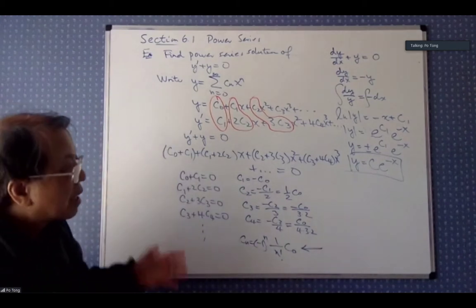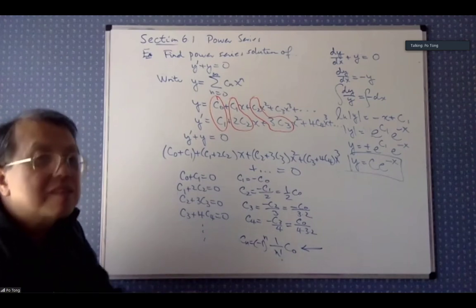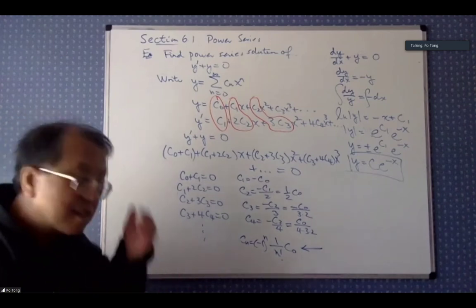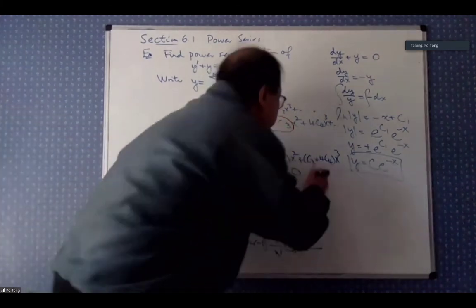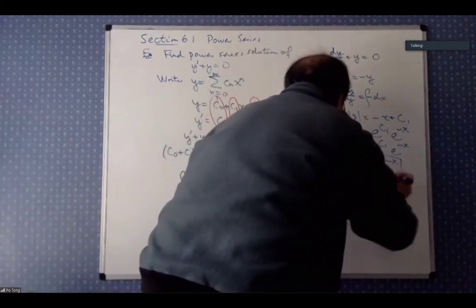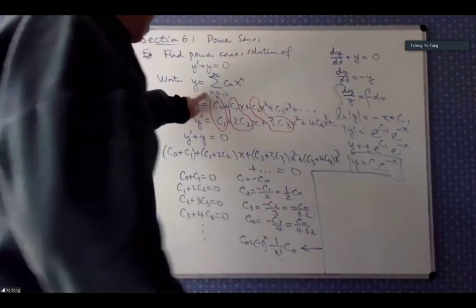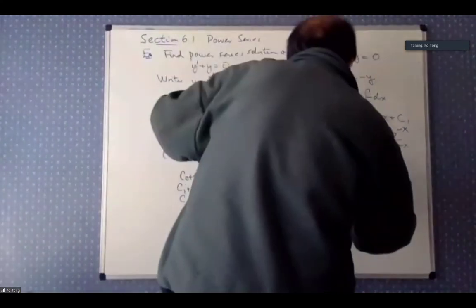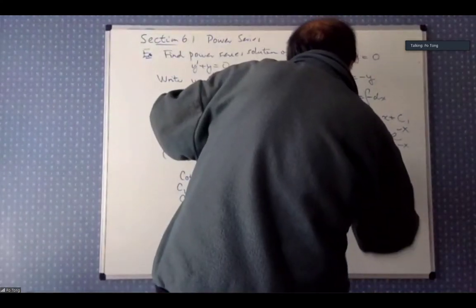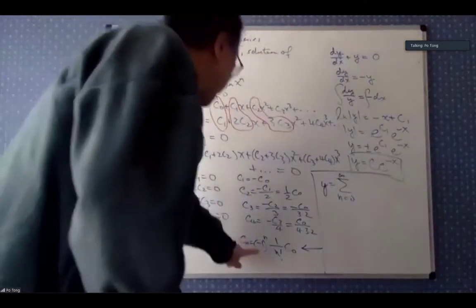Now we put this back. I mean, you have never seen this type of technique before, so it's a little bit heavy. So just feel free to ask questions. Okay, so we are going to put this back into here. So my solution is y equal to summation n equal to 0 to infinity, Cn x to the n, but what is Cn?